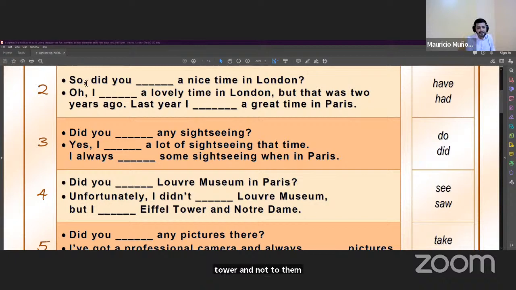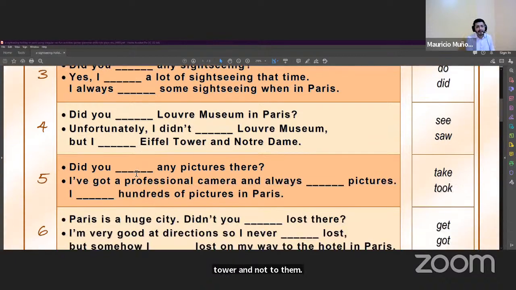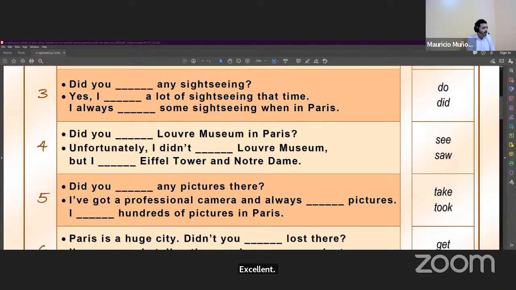Excellent. Let's continue. Number 5, please. Another volunteer. We got 4 volunteers. That's fantastic. Okay, Linda Moncada, go ahead. Number 5. I always take the picture.